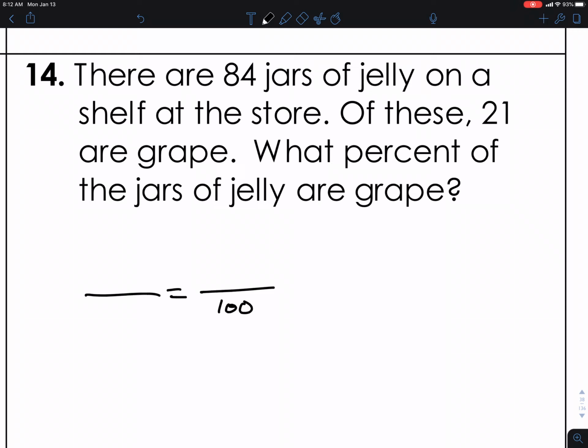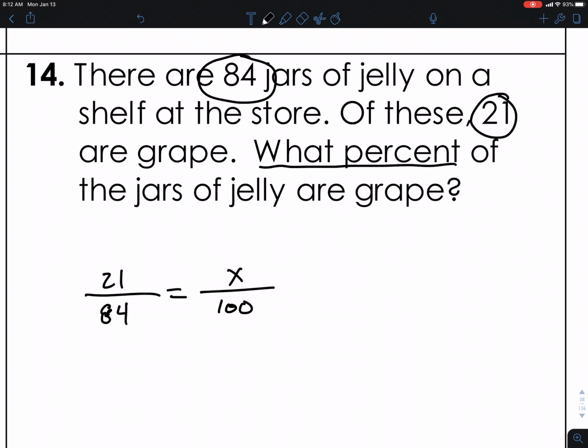Did they give us a percent? No, because they're asking us what percent. So we need to figure out what the percent's going to be. They gave us a whole. There's a total of this many. Your whole goes on the bottom. 21, that's the part. What percent part of the 84 are grape? Okay, 21 of 84, but we want to know the percent.